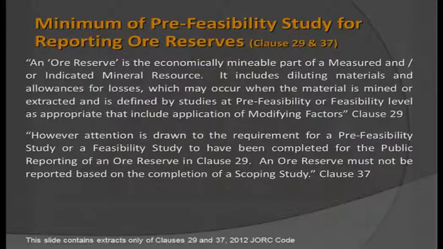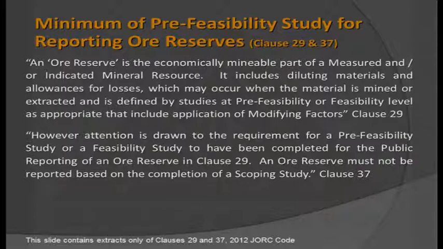Okay, for ore reserve estimation, they must be economically mineable based on measured and indicated mineral resources, and they have to include things like diluting materials or allowances for losses and anything that would cause it not to be mined.